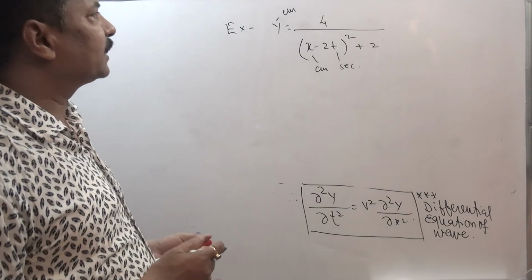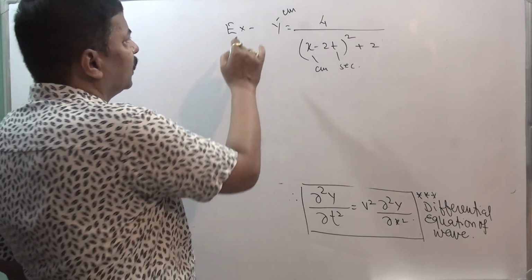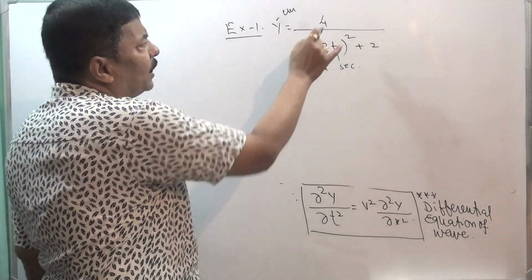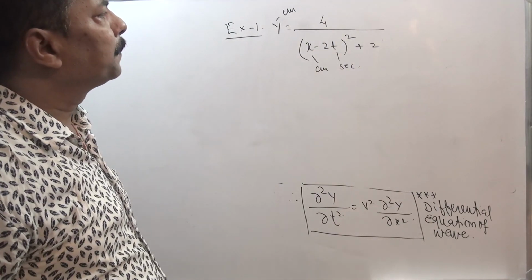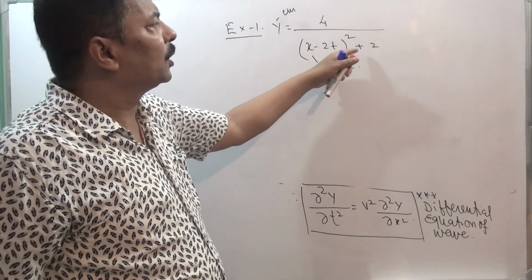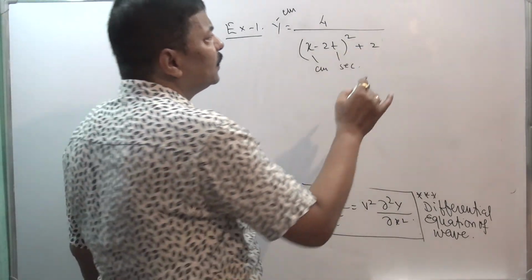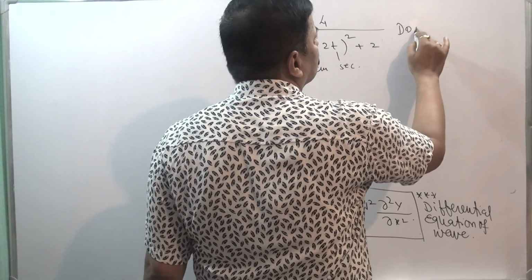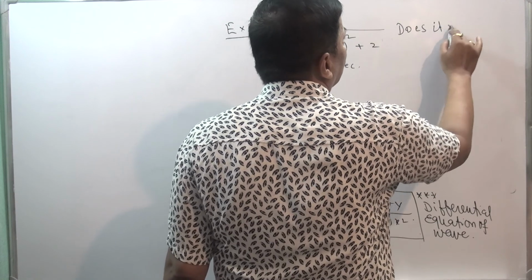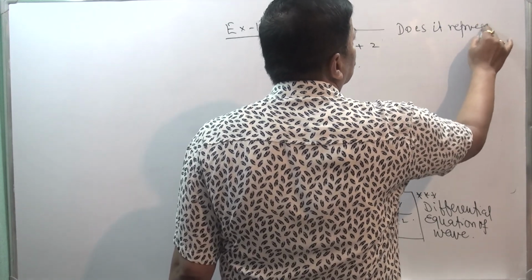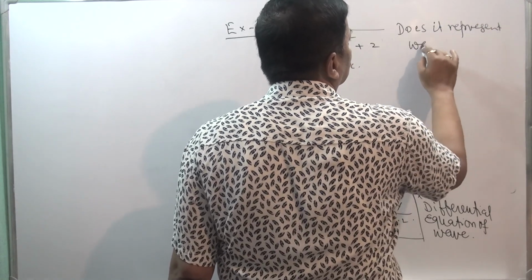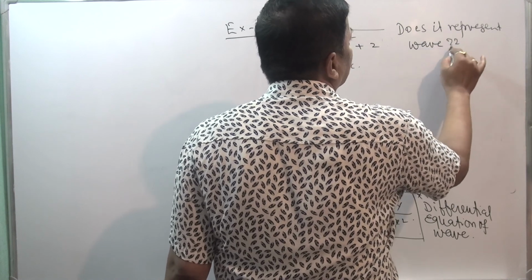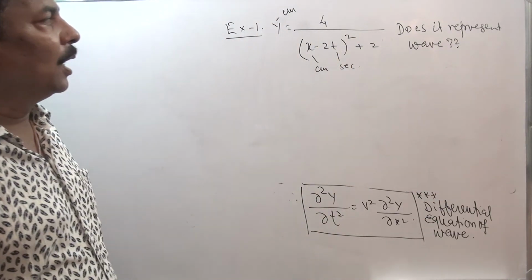Let us take an example first. y is equals to 4 by (x minus 2t) whole square plus 2. Does it represent a wave? The question arises, does it represent the wave?